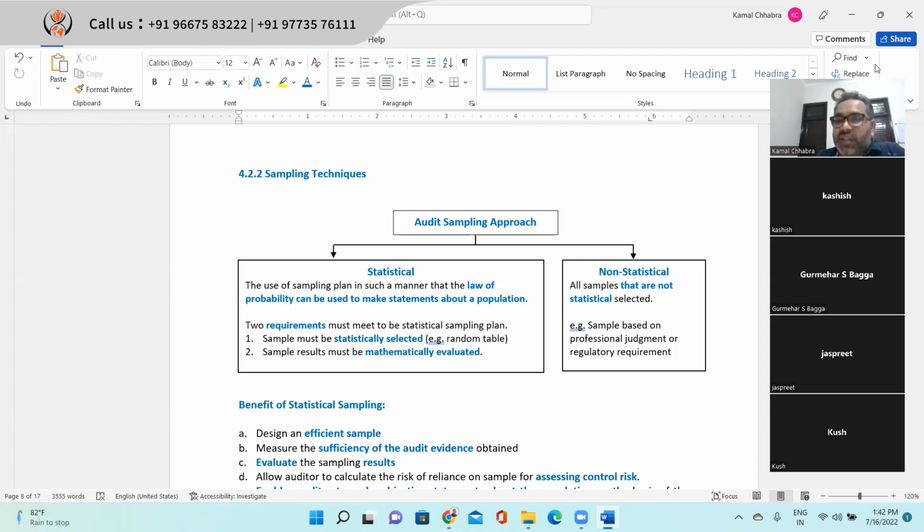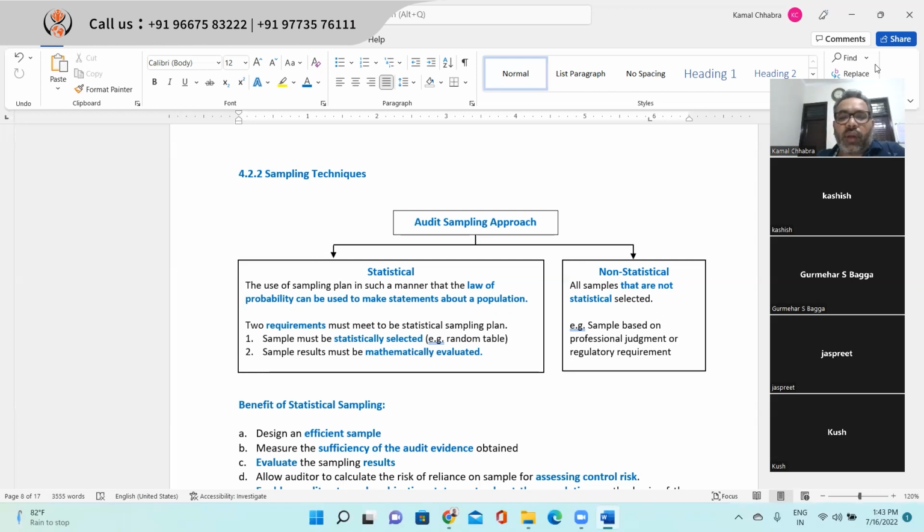And what is non-statistical sampling? Which is not statistical sampling, it's called non-statistical sampling. It can be based on professional judgment or based on value. We'll come to how these two different approaches work and in which area of the audit you are using statistical sampling and in which area you might be using non-statistical sampling.